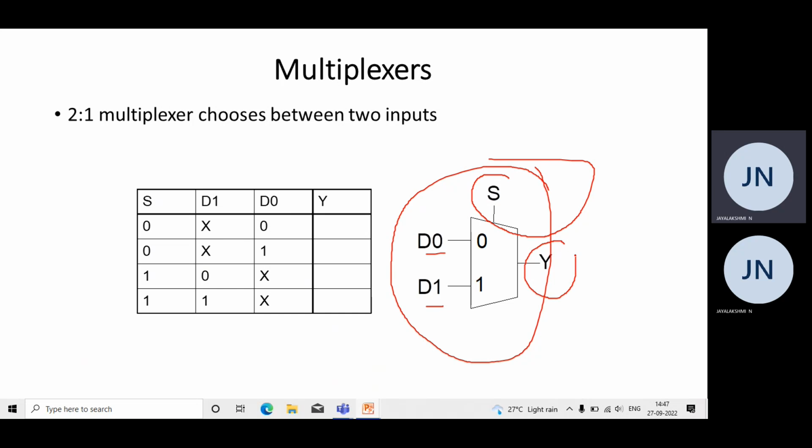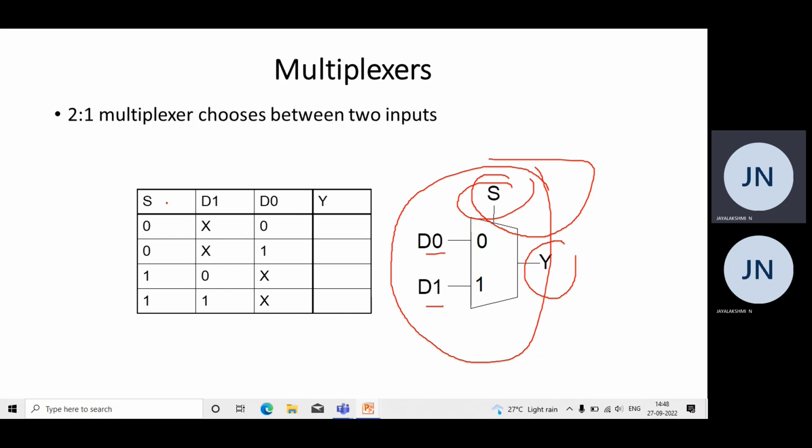Here, a multiplexer chooses the output from several inputs based on the select signal. So based on the select signal, the output chooses among several inputs.